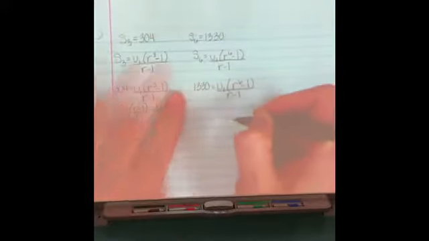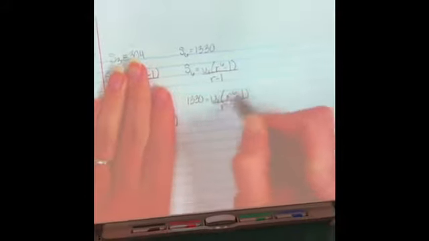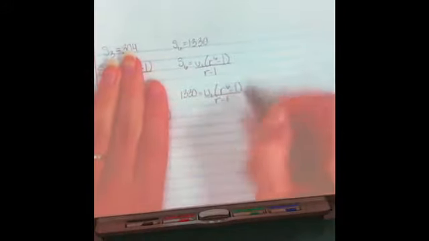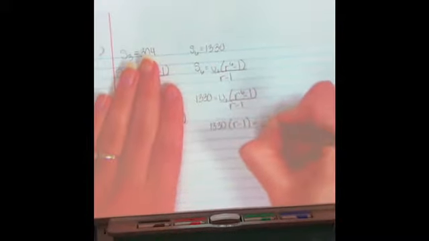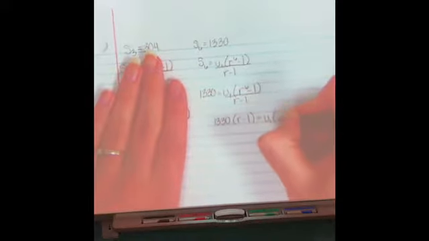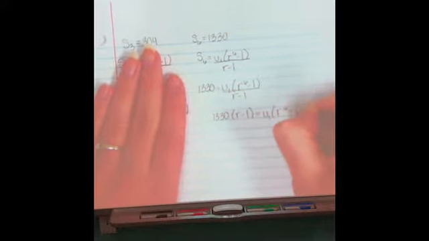Okay, and then on this equation over here, I'm going to do the same thing. I'm going to isolate U sub 1, starting by multiplying both sides by the quantity of R minus 1. So when I do that, I end up with 1,330 times R minus 1 in a set of parentheses equals U sub 1 times the quantity R to the 6th minus 1.